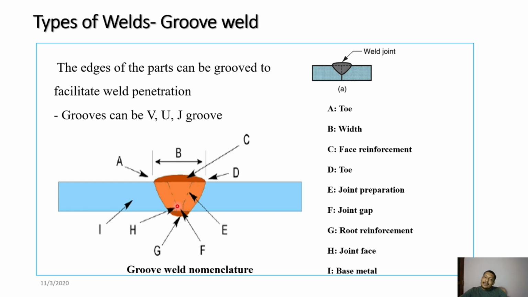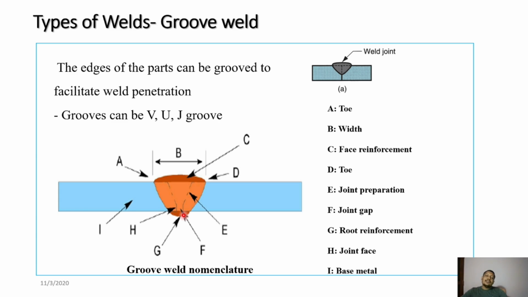If the gap is very small, then the root penetration will be minimum. If you keep an excess root gap, then there is no penetration, and even burn through or some other defects will occur. So you have to keep the weld in the proper positions. A proper gap you have to provide, then only good penetration will take place.